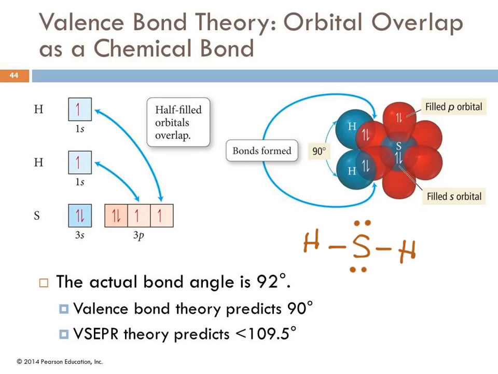What's the angle for that? It's about 109.5, but then we've got two lone pairs, and so we predict that the angle is less than 109.5. But the actual angle is 92. So neither of these is really giving us a good explanation for the geometry of dihydrogen sulfide.